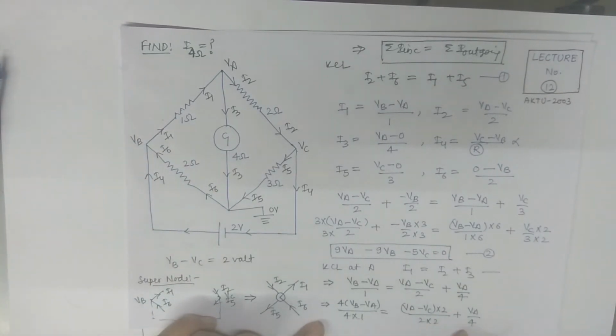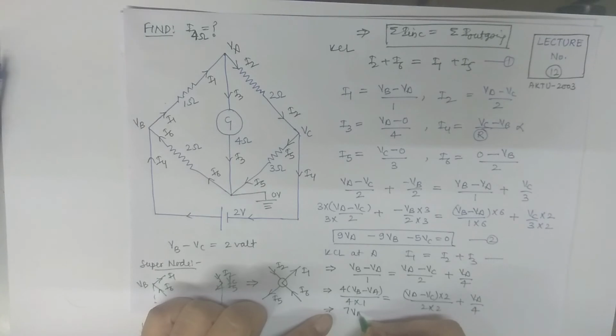To solve this equation, this is 7 VA minus 4 VB minus 2 VC is equal to 0. So this is equation number 2.